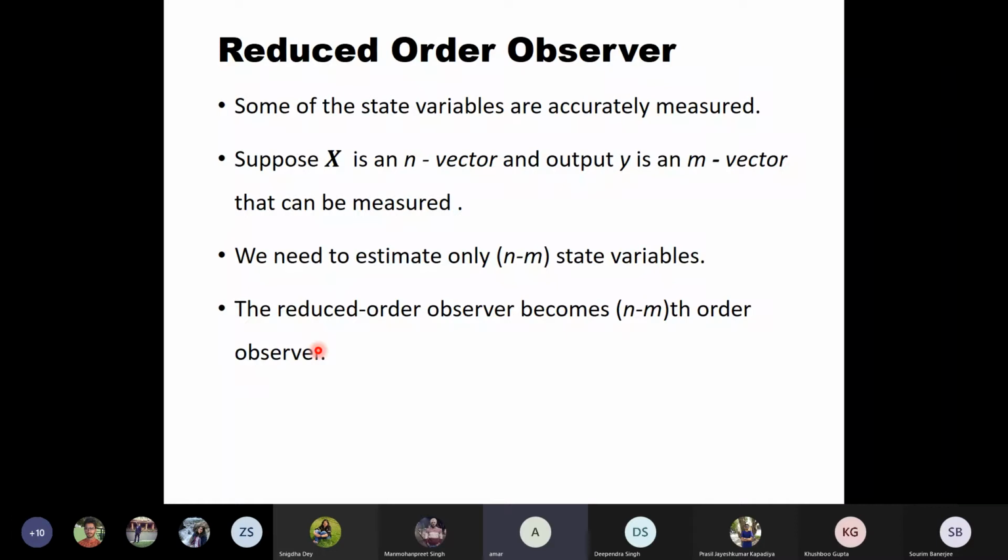If x is an n-vector of states and output y is an m-vector that can be measured, and y is nothing but the measurement of m states, then we need to estimate only n minus m state variables. So the order of the reduced order observer will become n minus m.